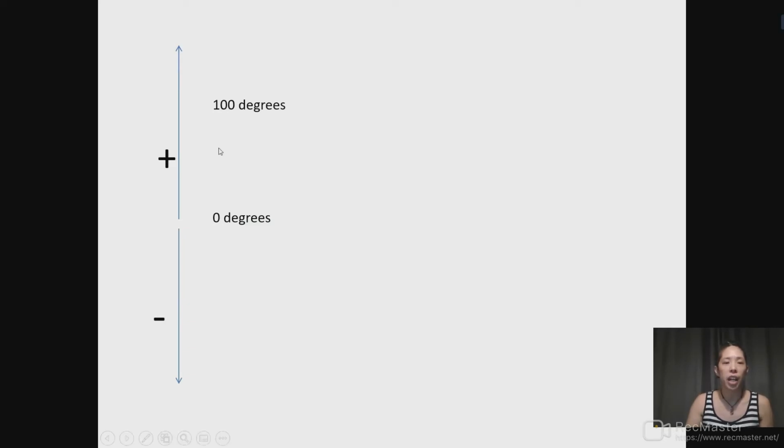So let's take a look. Here in our diagram we have 100 degrees, 0 degrees, and everything that's under 0 degrees, which is minus. Everything that is above 0 degrees is positive or plus. So if we have water that's between 0 and 100 degrees, it's a fluid.